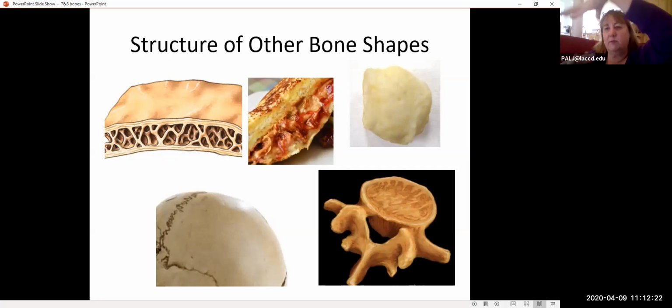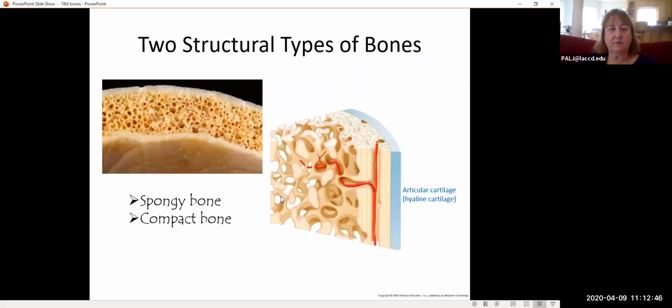So we've got spongy bone going from this compact bone to that compact bone. But the spongy bone is not hollow. The spaces are filled with red bone marrow, thus the red jam or jelly. So a peanut butter and jelly sandwich is a good visualization for the structure of all the other bone shapes.